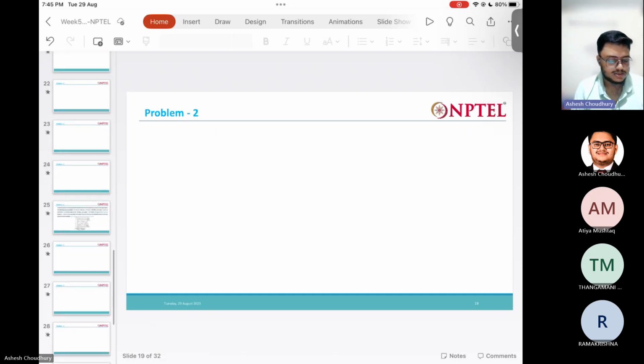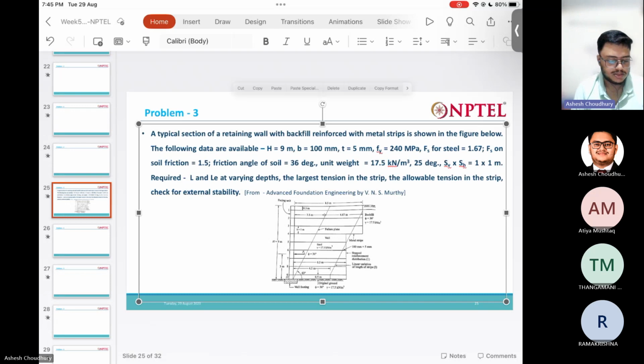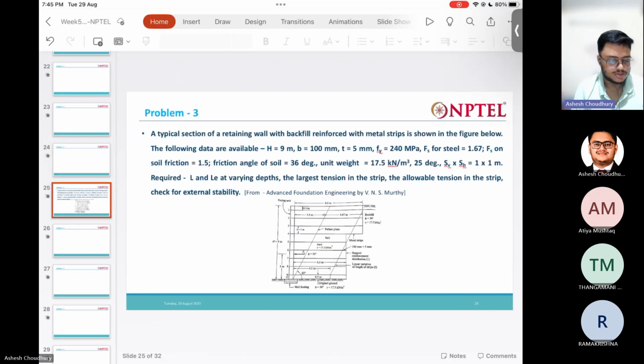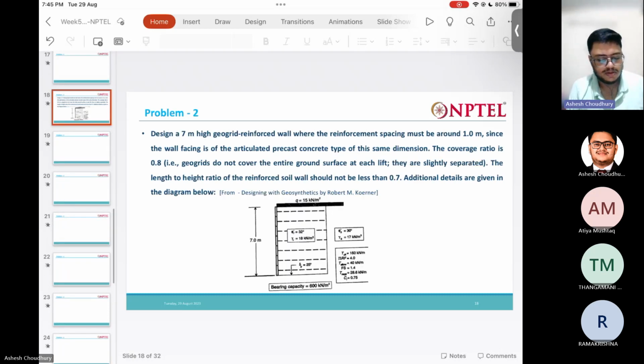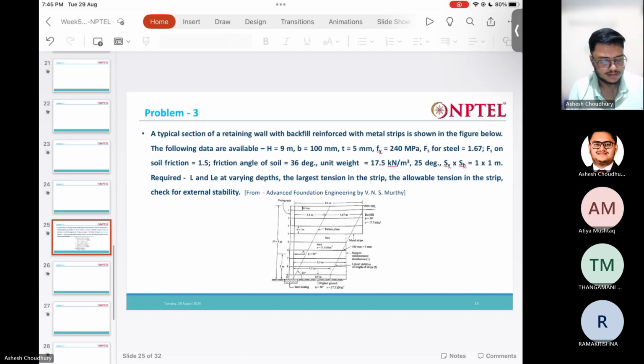Let us go to problem 3 because this will be a little bit shorter, I think. In 20 minutes, probably we will be able to finish it.